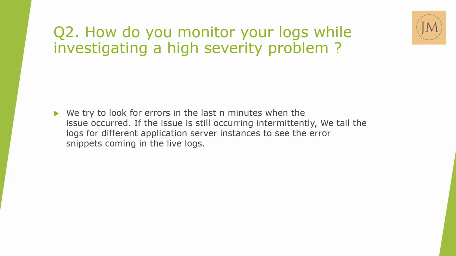So probably your application may have a startup log and your application server may have event logs. So you can tail all such logs also by using the tail -f command along with the logs file. So you can use that.